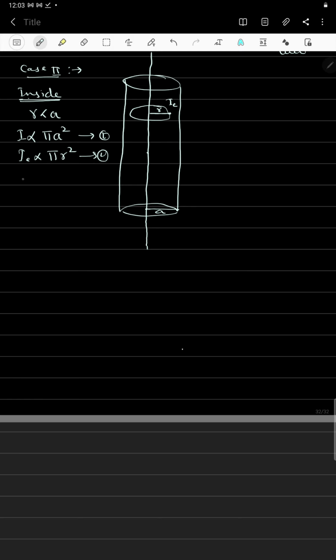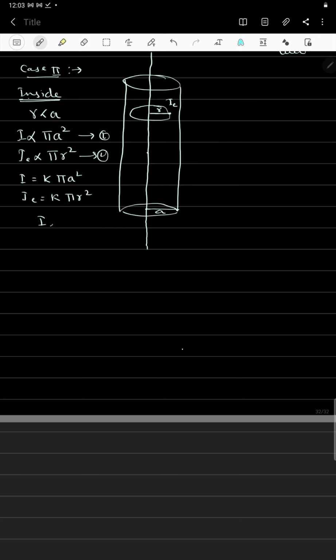Divide these equations, IE divided by I, because I want IE. We can write I equals K, constant K, pi A square. Similarly IE equals constant K, pi R square.